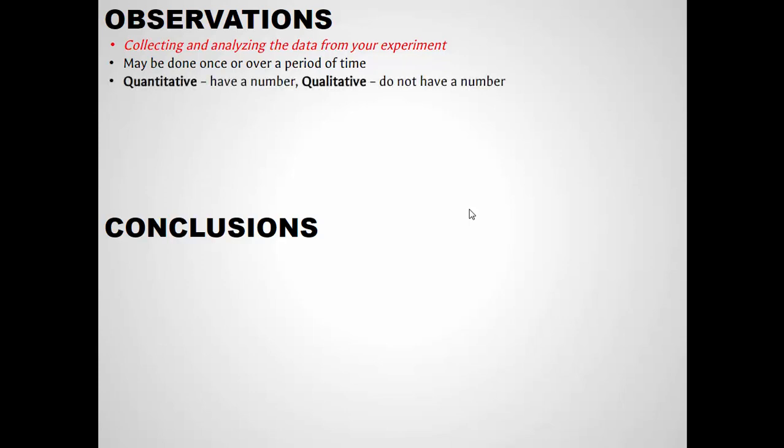Sometimes we have quantitative observations, which have a number with them. Other times we have qualitative observations, which do not. Sometimes we show our information in a data table, or in a graph, or a chart.